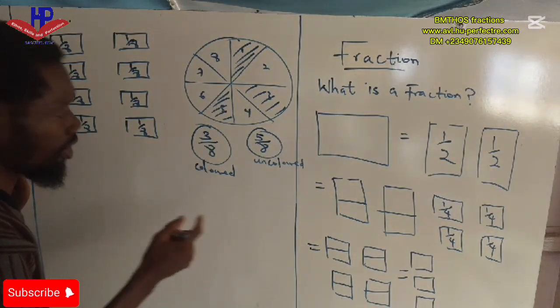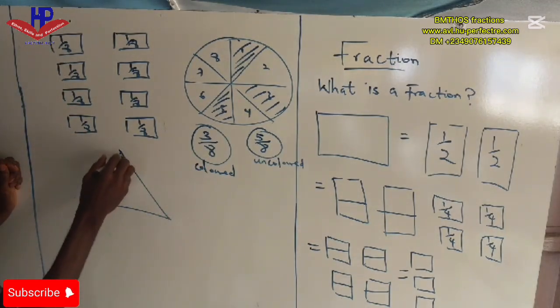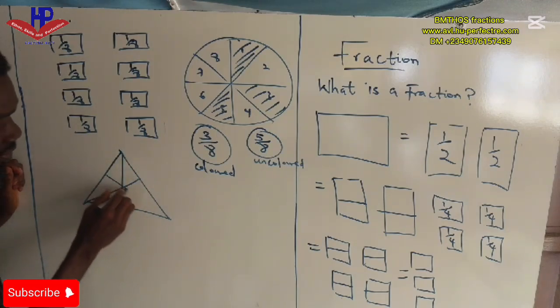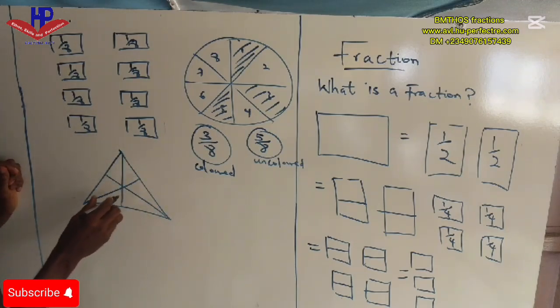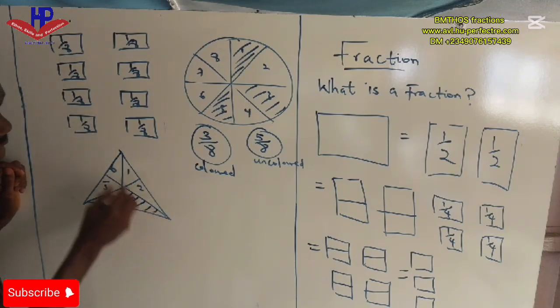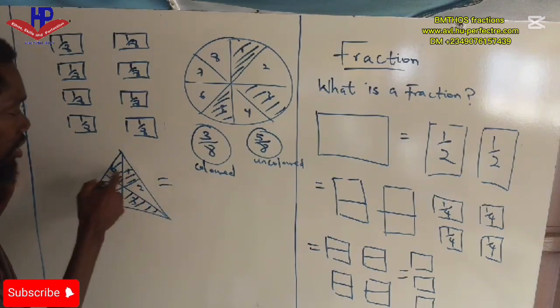This is how you express shapes in their fractional forms. You have a shape given to you, for example, a triangle. How many parts do we have there? 1, 2, 3, 4, 5, 6. Maybe some parts were colored, and you are asked what is the fraction of the colored part. 4 parts were colored, 1, 2, 3, 4.